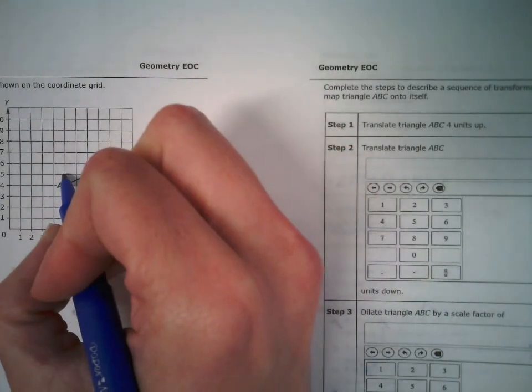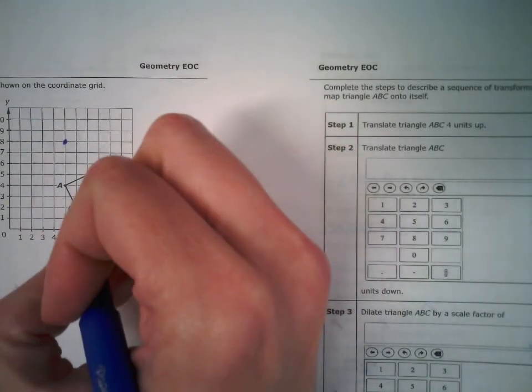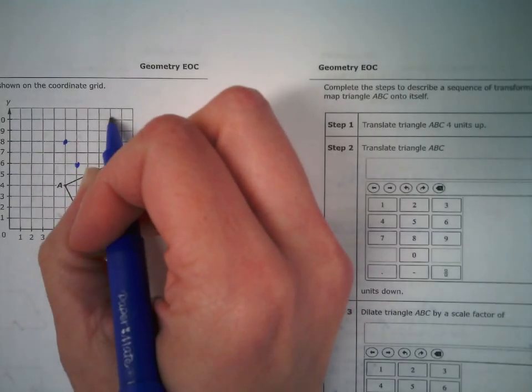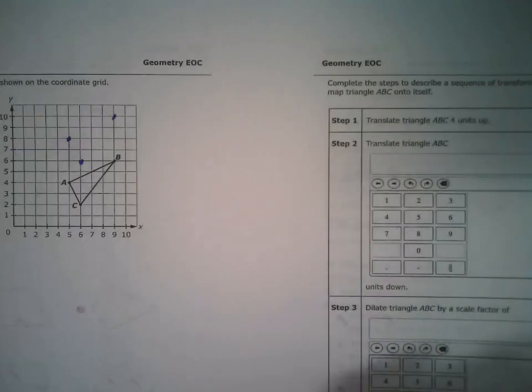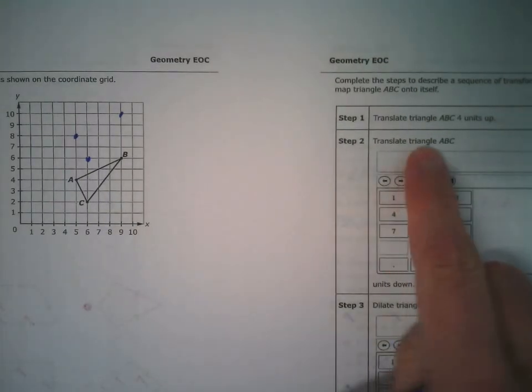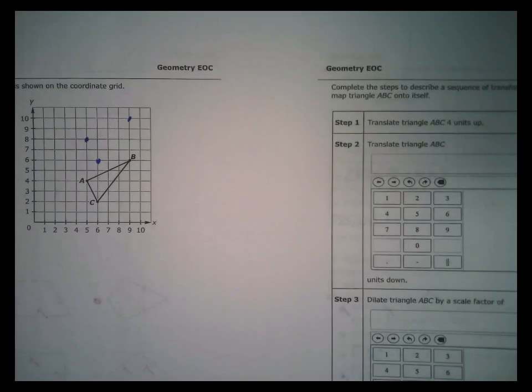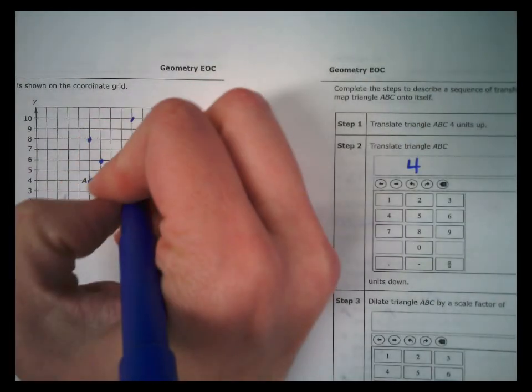So if I move them up 1, 2, 3, 4, I'm up here. If I have to translate this again, how many units down would I go? Well, if I'm trying to map this onto itself, I have to undo what I just did. So I'm going to have to move it back 4 units down, because that will put it back to the original spots.